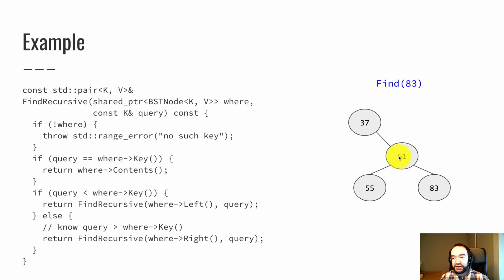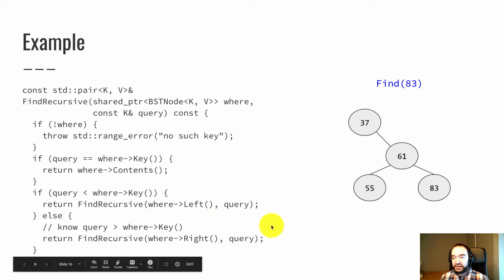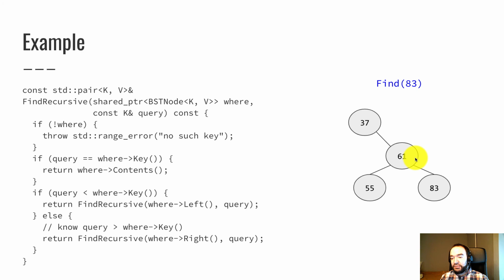Well, 83 is greater again, so we would execute this return statement at the bottom, find recursive where's right, comma query, and pause that while we execute find on 83. Then where is a pointer to this 83 node, so query would match here, and the find on 83 would return where's contents, which would be the pair containing the key 83 and some value associated with it.